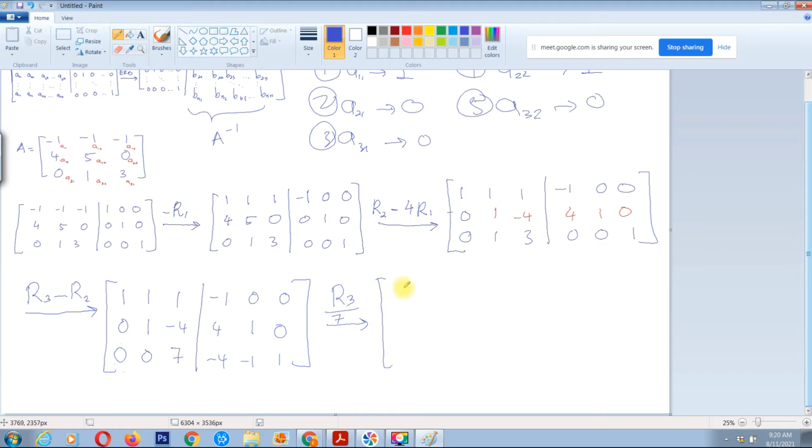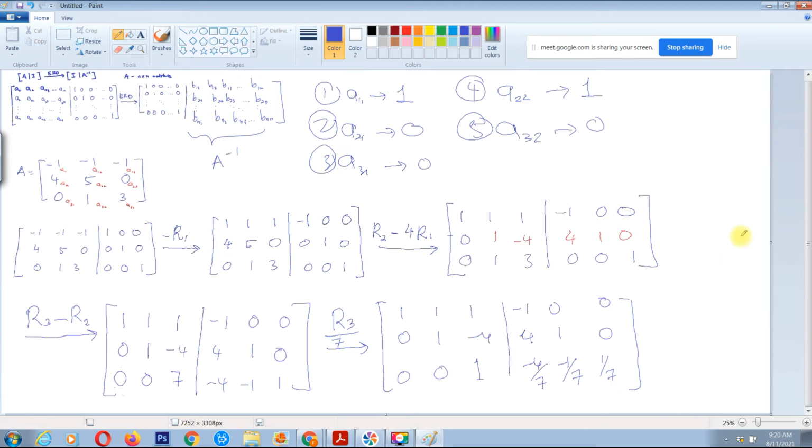So we will get, okay, first we just copy the other rows: 0, 1, negative 4, 4, 1, 0, 0, 0, 1, and then negative 4 over 7, negative 1 over 7, 1 over 7.